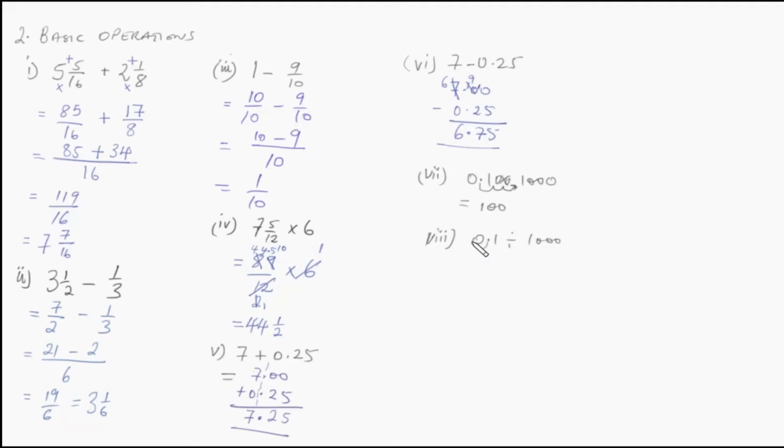So you put a 0, you put a 0, and you have 0.0001. So that is how you can move. When you multiply, you move the point to the right. When you divide, you move the point to the left.